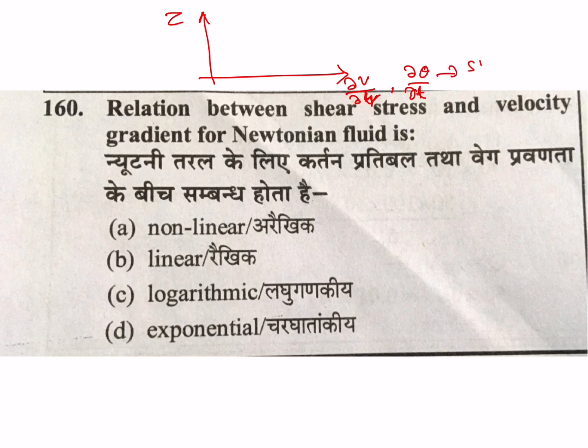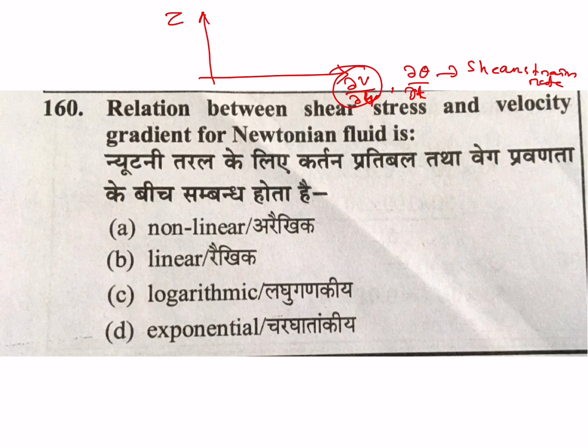D theta by dt is your shear strain rate, or your rate of change of angular deformation, and dv by dy is your velocity gradient.